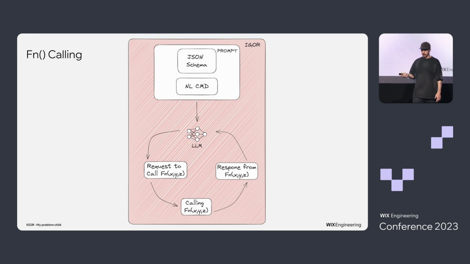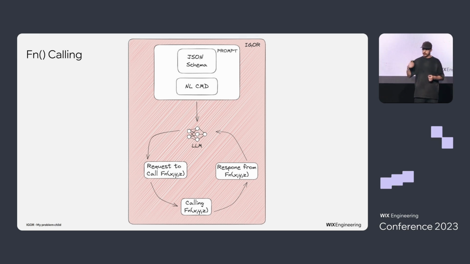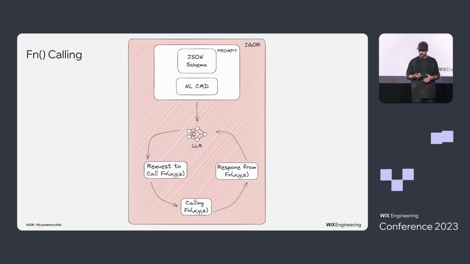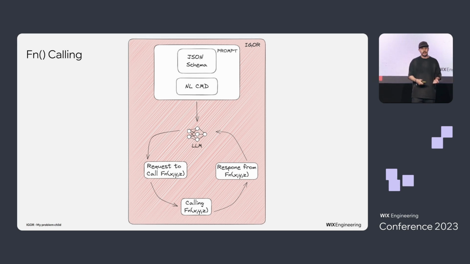So the function calling flow is this kind of back and forth conversation with the LLM. First, the user sends a command to the LLM, and it's combined with some JSON schema that describes some potential functions that the LLM is allowed to call. Then, according to the user command and the schema, the LLM would ask us to call one of the functions we described in the schema, and then it's up to us to execute it and send back the response to the LLM, and so forth iteratively.